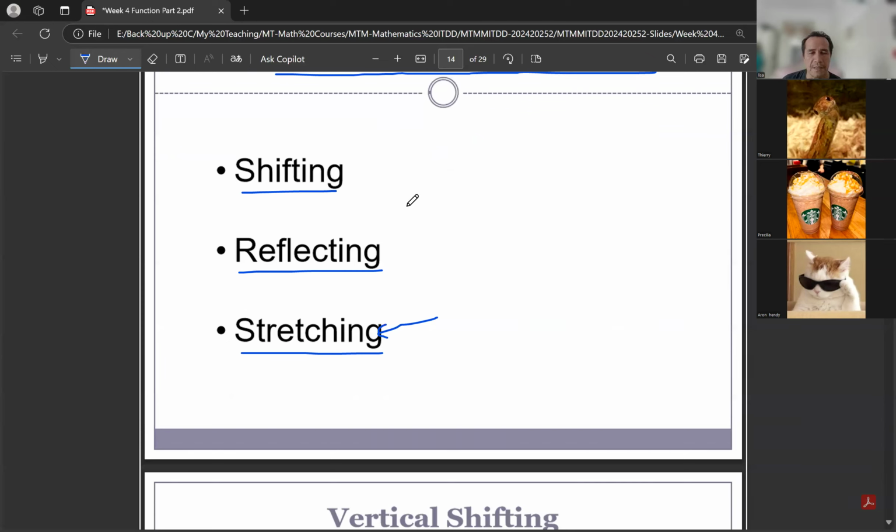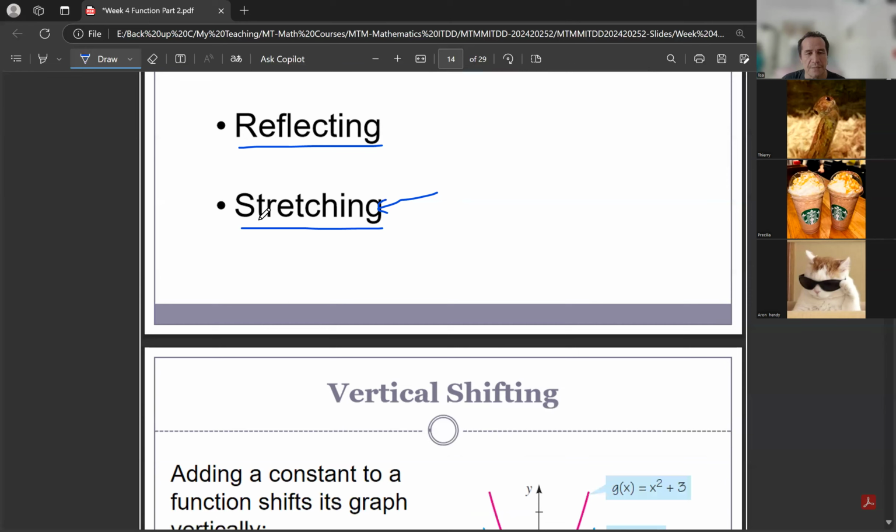Shifting and reflecting are easier than stretching. So we begin with shifting and reflecting. After that, we will discuss stretching.